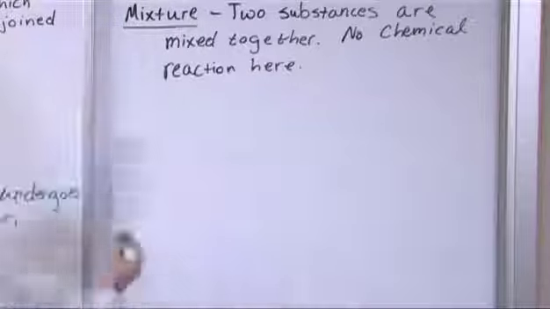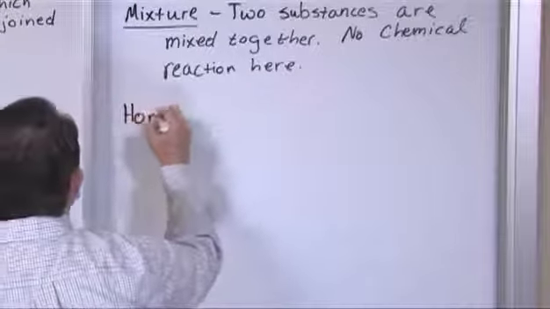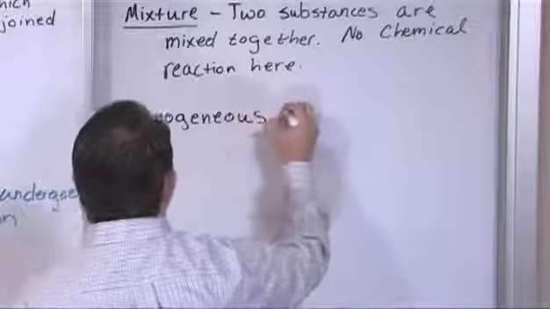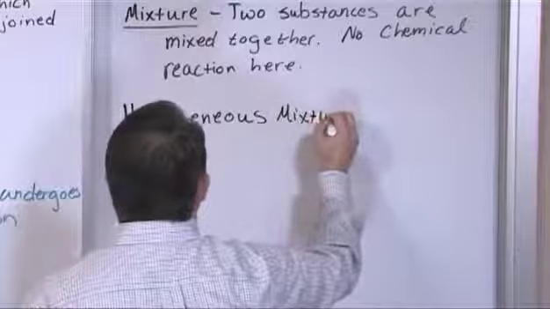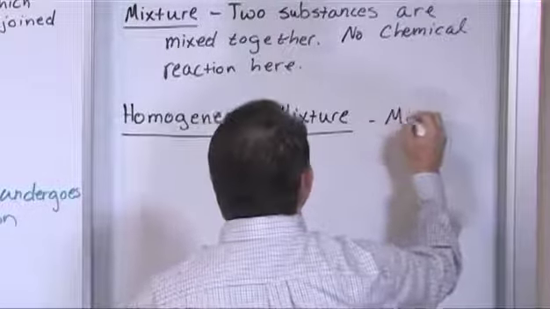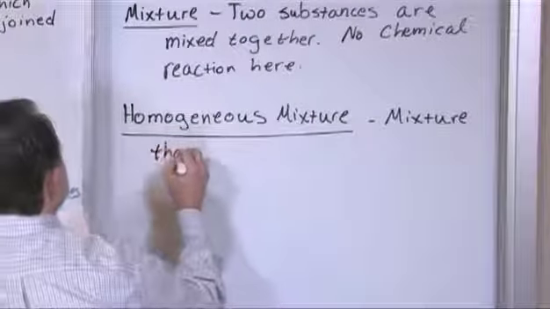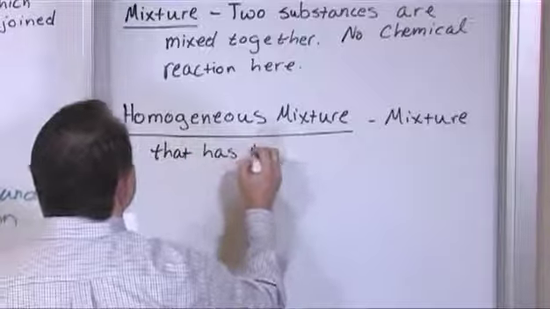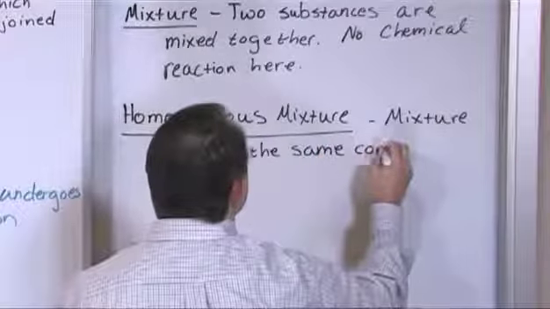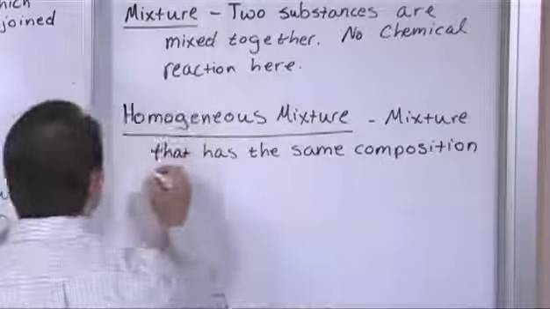All right. So to give you a few more definitions, we say that we have a homogeneous mixture. A homogeneous mixture is a mixture that has the same composition everywhere.